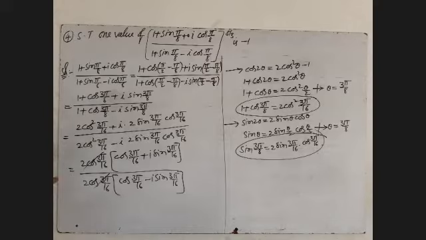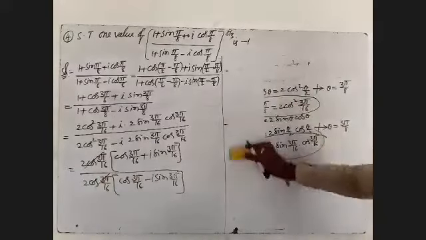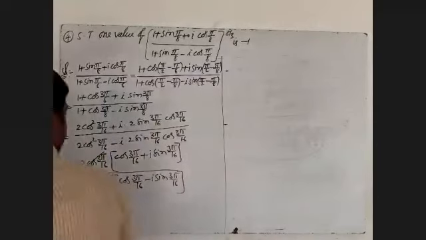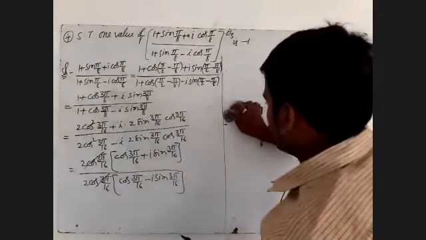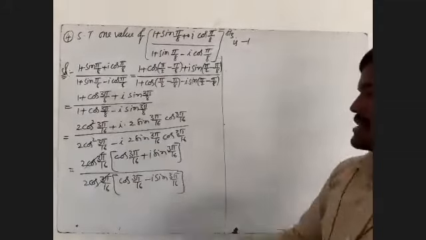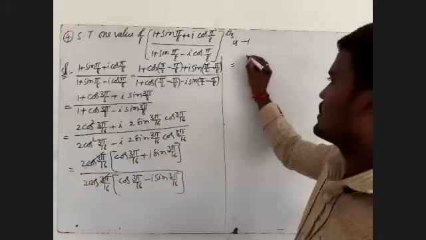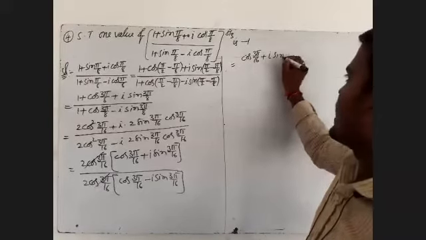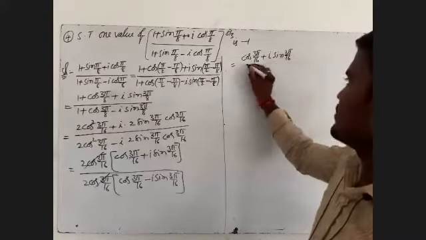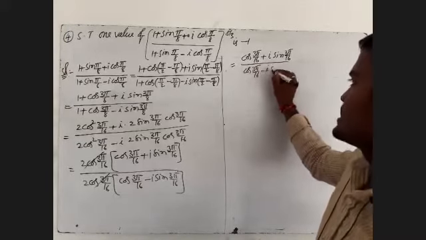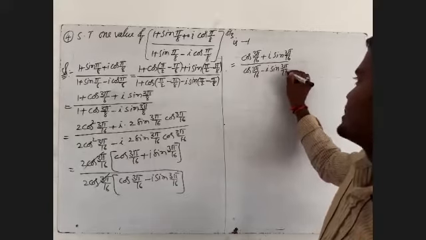After that we'll take the rationalization of the given expression: (cos 3π/16 + i sin 3π/16) / (cos 3π/16 − i sin 3π/16).